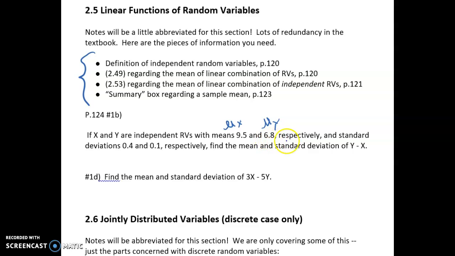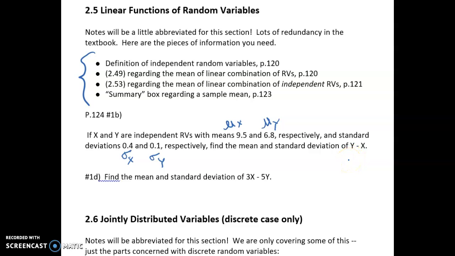And the mean for Y is 6.8 respectively, and standard deviations 0.4 and 0.1 respectively. Find the mean and standard deviation of Y minus X. So this Y minus X is called a linear combination of independent random variables.